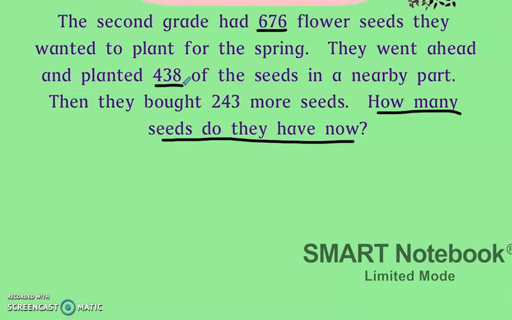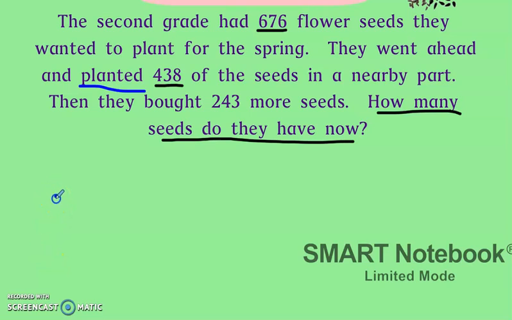I'm going to stop there. What is our action word so we know if we're going to add or subtract? She planted. So what do you think that we're going to do with those numbers? If you said subtract, you are right, my friends.